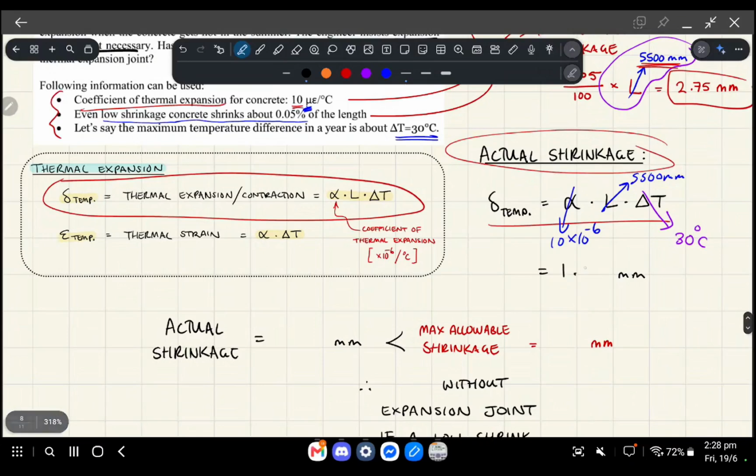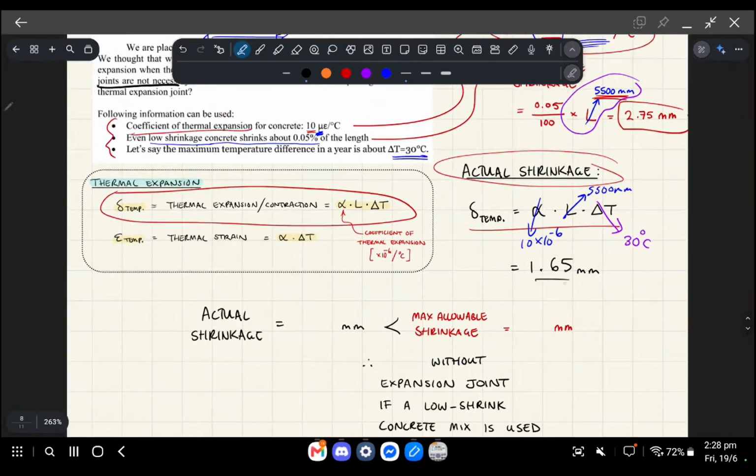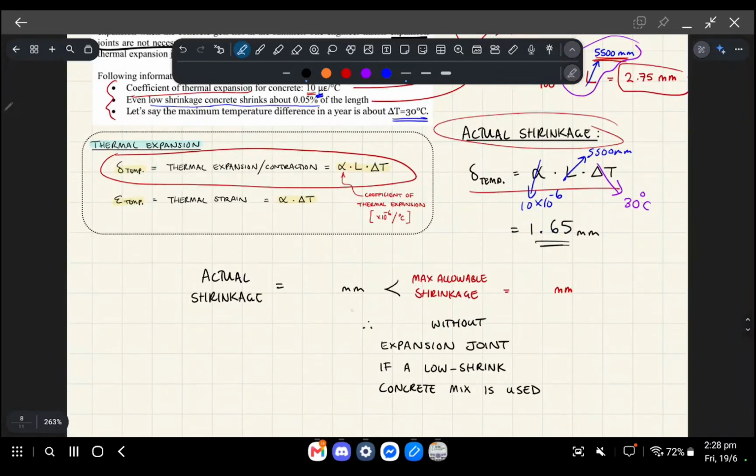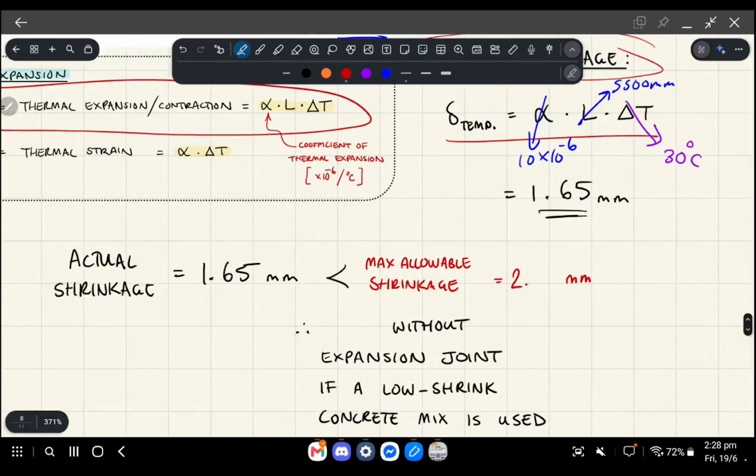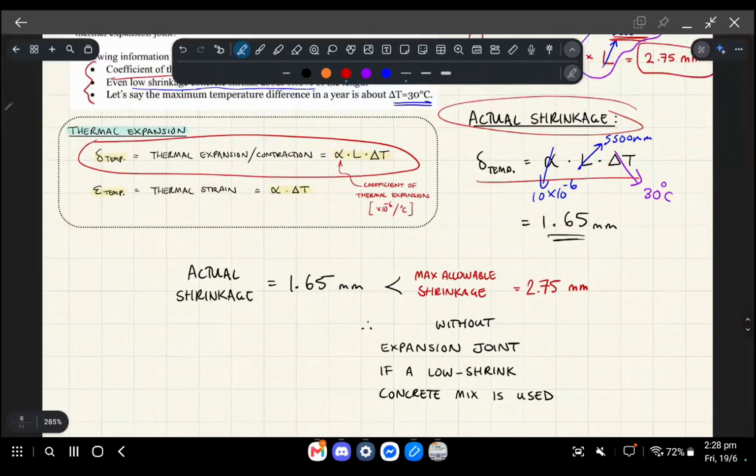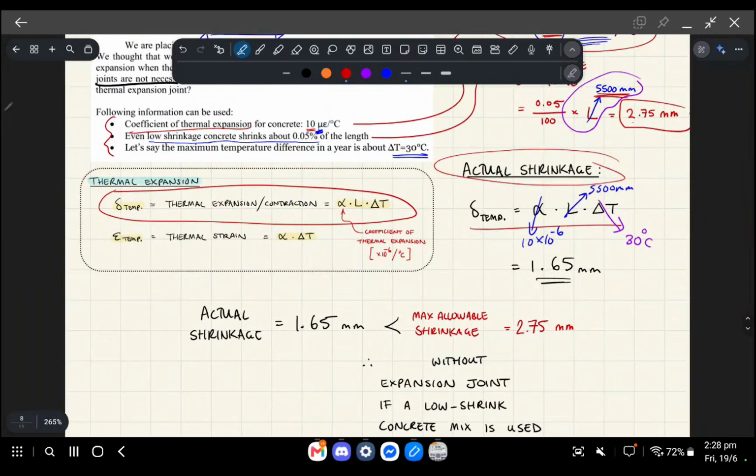So that will cause delta to be 1.65 mil, okay? So when we're comparing the actual shrinkage of 1.65 mil between the hottest and the coldest periods of the year, it is less than the max allowable shrinkage, which was 2.75 millimeters from what we calculated using the low shrinkage concrete.